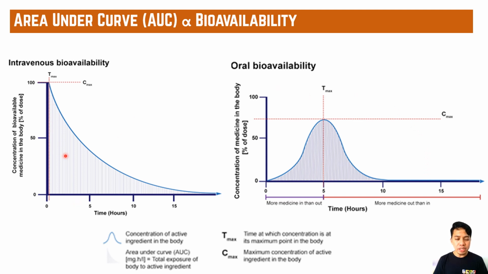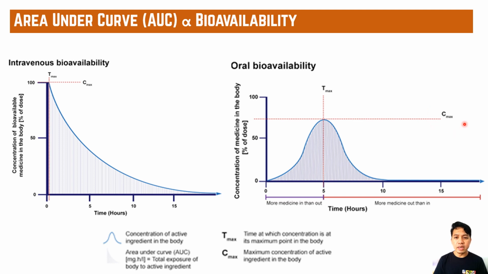So this shaded area represents the area under curve. Please take note that area under curve represents the bioavailability of the drugs. For oral drugs, they need some time to reach the maximum concentration, or Cmax, available in the systemic circulation.